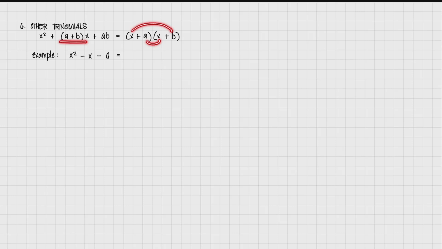So again, the sum of the products of the means and the extremes should be equal to the middle term of the given trinomial. So let's try that.